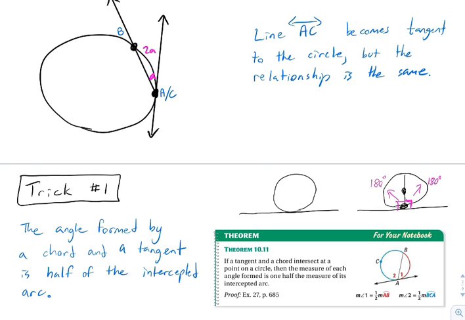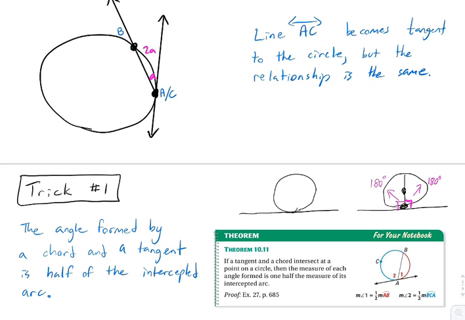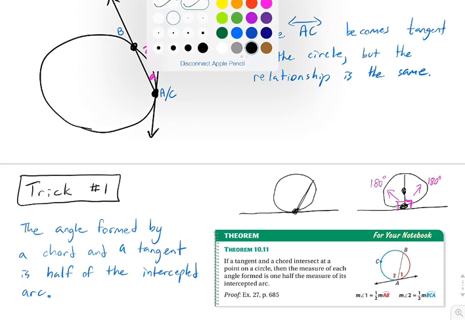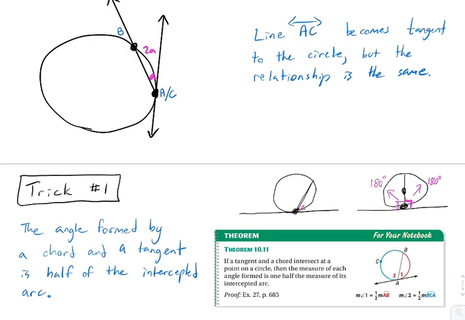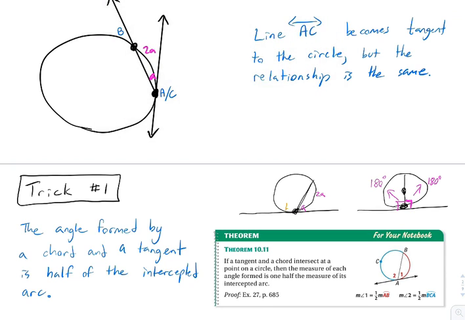That makes perfect sense now. But in general, if you have any chord that hits at that point of tangency, it doesn't have to be a diameter, so it's not a right angle. Instead, this angle here opens up to an arc twice as big. And the other side, let's do it in orange, let's call this angle B, opens up to this other arc, which is 2B.